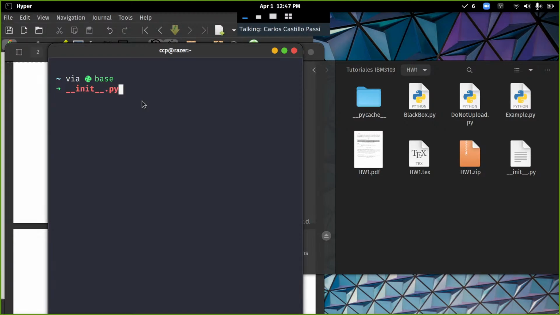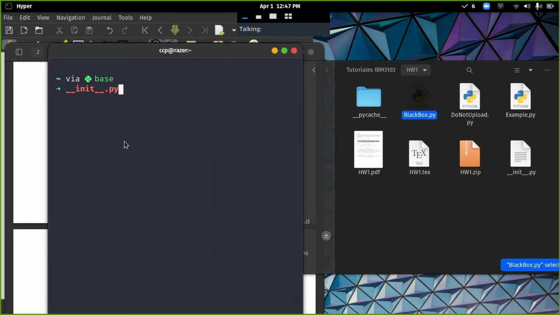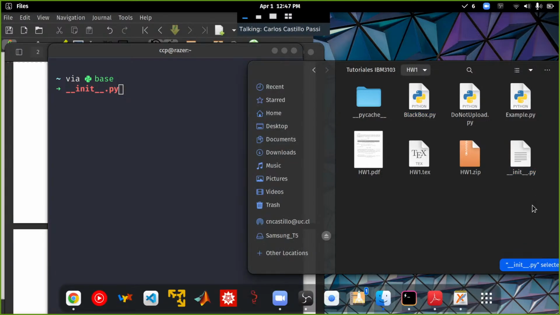In the same folder where you have your Python documents, you need to create this. If you don't have this, the code will not work. You will not be able to import Blackbox. Okay? So in the same folder, you need to have the __init__.py file.